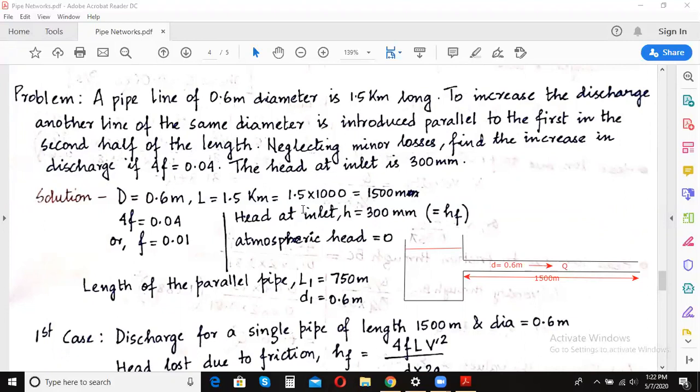So what is the second half of the length? If the entire length of this pipe is 1.5 kilometers, then half the length will be 750 meters. Let me just draw and show it to you. Suppose the half of this pipe is originating somewhere here.